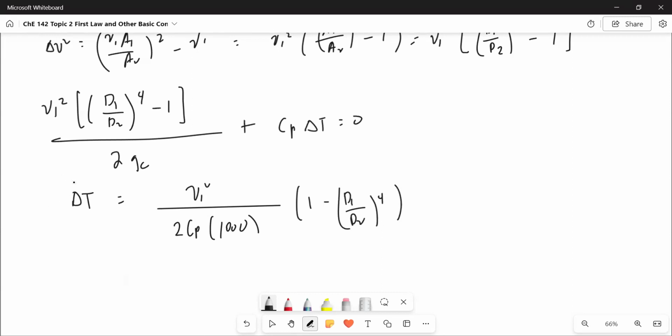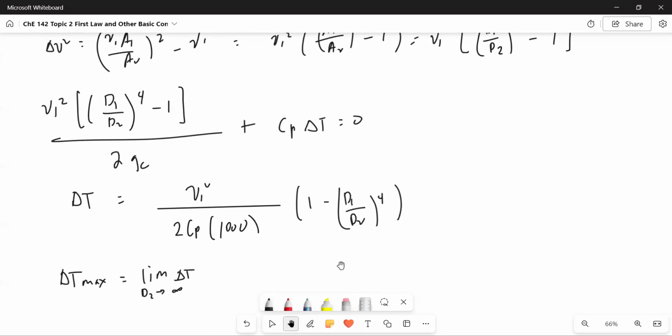Okay, so isolated delta T. So what is the limit of delta T as, so delta T max is the limit of delta T as D2 approaches infinity, right?